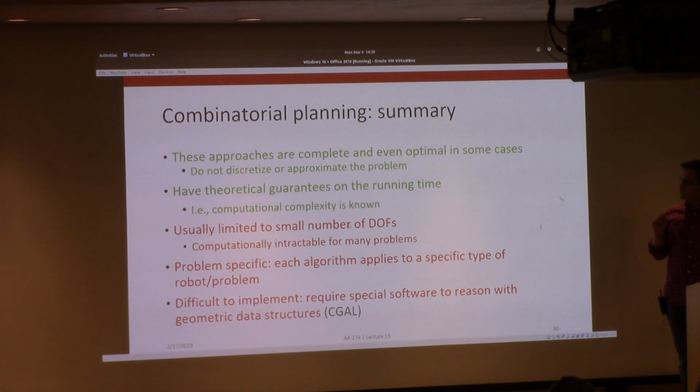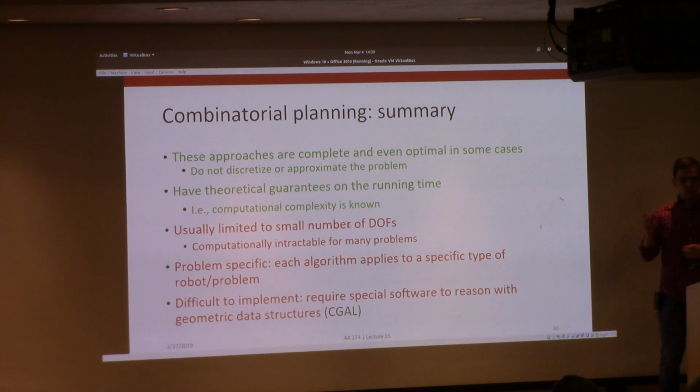Before wrapping this section up, I just want to mention that it seems very, very hard to work with those geometric combinatorial algorithms. It is indeed quite hard. The benefit of those algorithms is that if you already know how to construct such an algorithm, you have very strong theoretical guarantees about the way this algorithm works, in the sense that those algorithms usually guarantee to find a solution if one exists, or to report that none exists otherwise, which is not something that the grid-based methods know how to do.